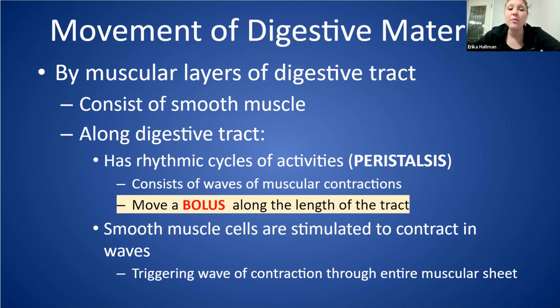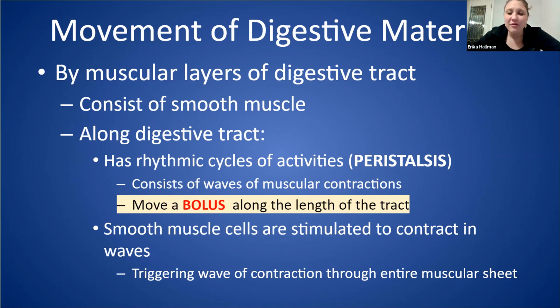To do that, your body is going to trigger that smooth muscle to go through a set of rhythmic circular contractions, and that's called peristalsis. Those contractions move like a wave, and as they move throughout your esophagus, your stomach, and your intestines, it's going to move a chunk of food along that digestive tract.